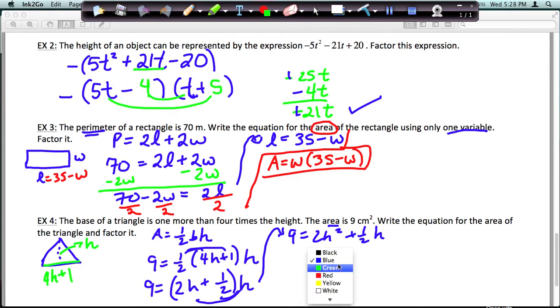Okay, so at this stage I have a quadratic. I want to remember we said we had to set it equal to 0 in order to be able to factor it. So I'm going to subtract 9 from both sides, so it'll be set equal to 0. And I'm going to have 2h squared plus 1/2 h minus 9 equals 0.